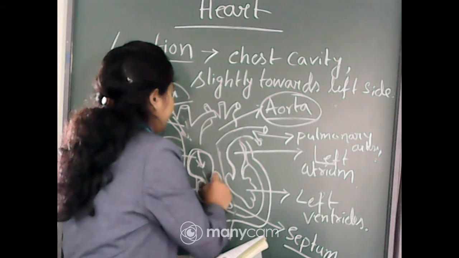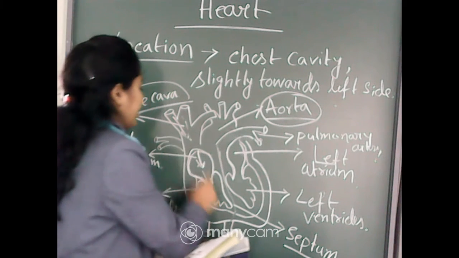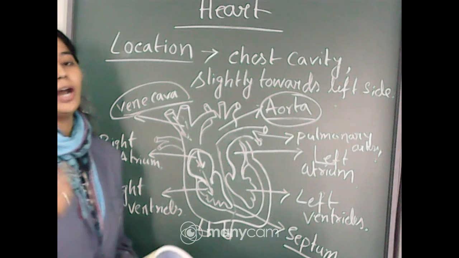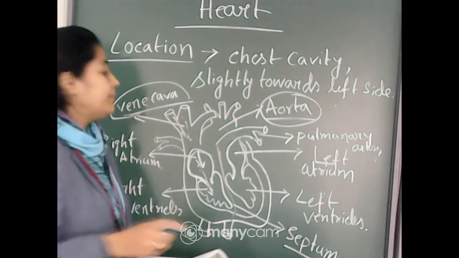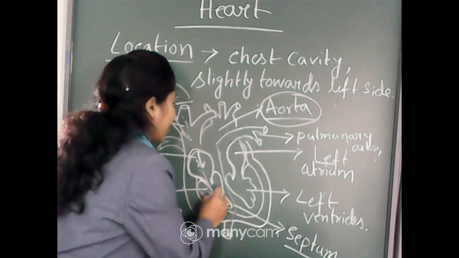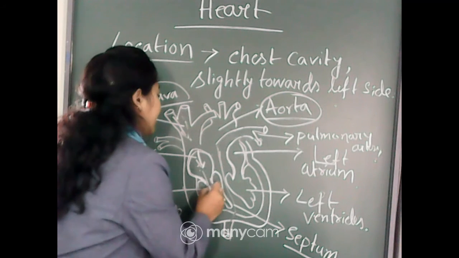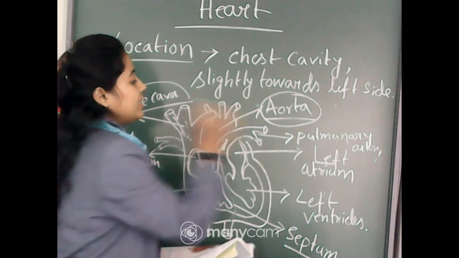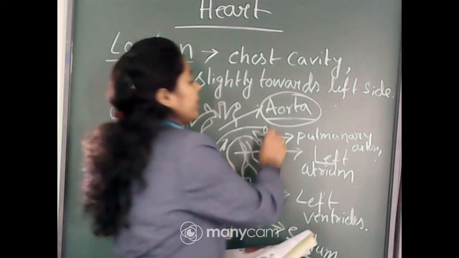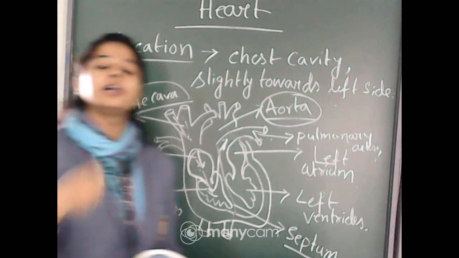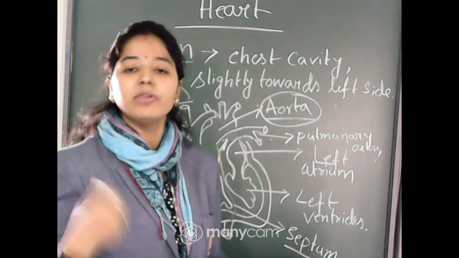There are some valves present between the atrium and ventricle which prevent the backflow of blood. Then the pumping action of the right ventricle sends the blood to the pulmonary artery, and from the pulmonary artery this deoxygenated blood goes to the lungs for further purification.